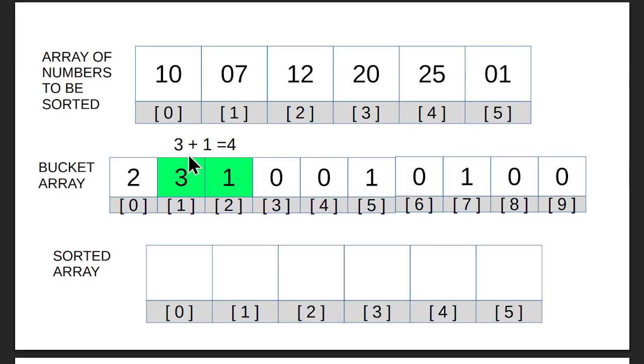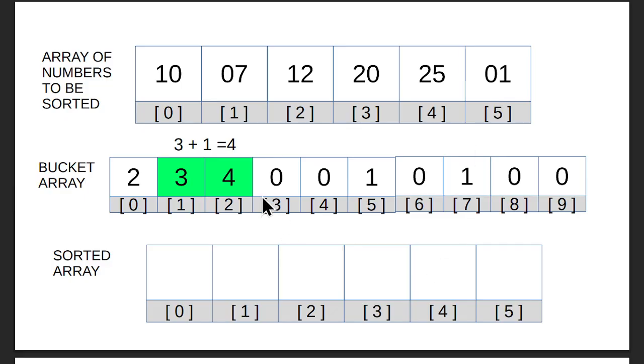So we are saying 3 plus 1 is 4, and we record 4 there, saying that this particular number, this is 12, will occupy the fourth position, 1, 2, 3, and 4. The 3 positions before that are being occupied by 10, 20, and 1.